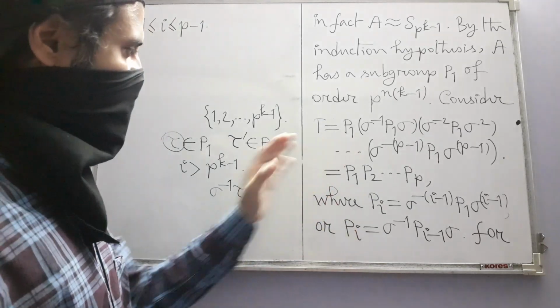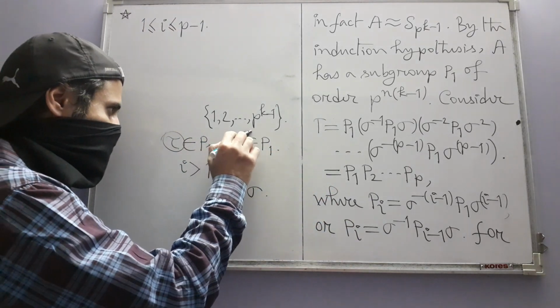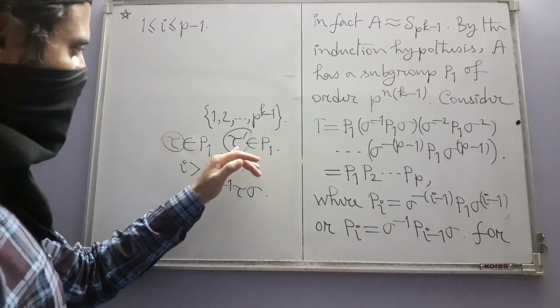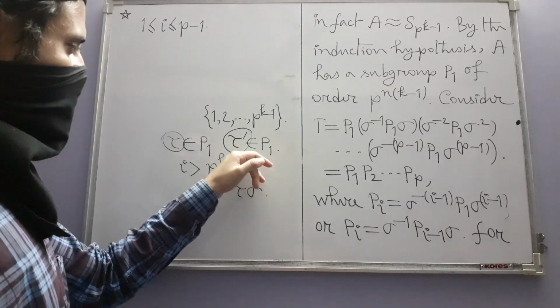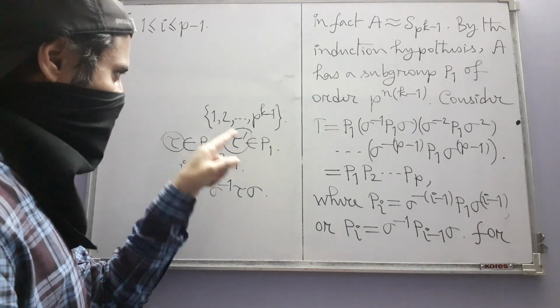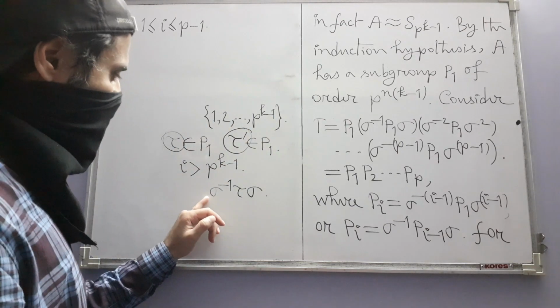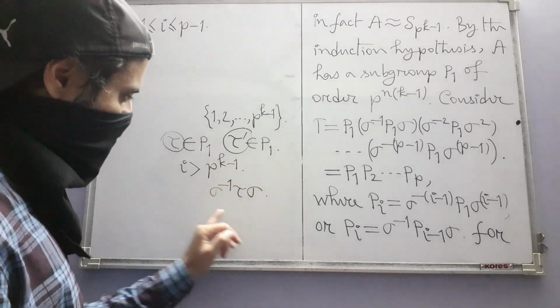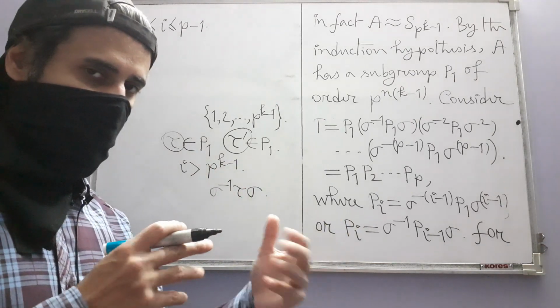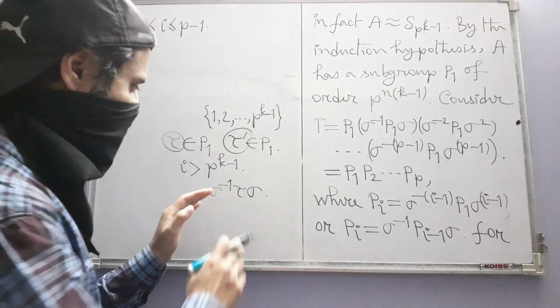Because if you express tau prime as a product of disjoint cycles, in that product representation only these symbols are going to appear. However, if you express this as a product of disjoint cycles, it will have one such decomposition.